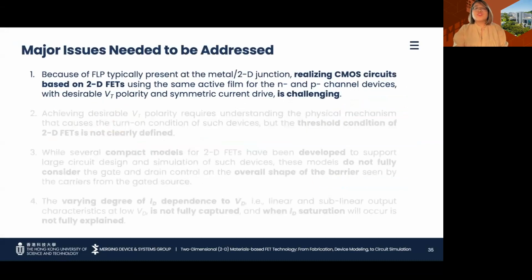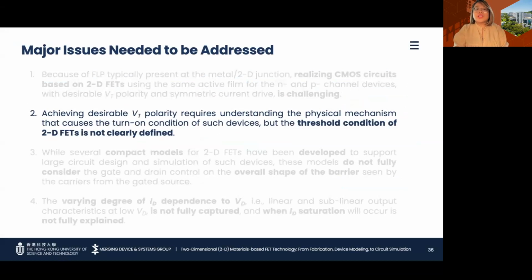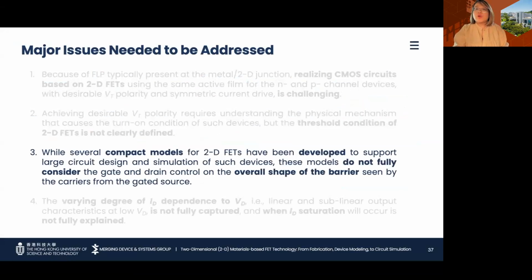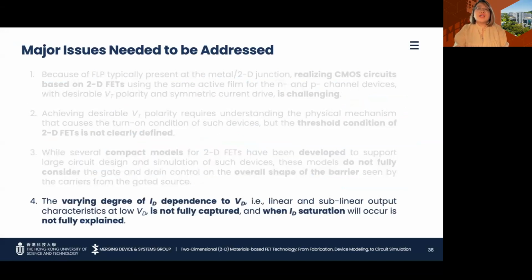First, the challenge of realizing 2D CMOS circuits based on the same active film and with symmetric performance. Second, the lack of a clear definition for the threshold condition of 2D FETs. Third, the incomplete treatment of the overall shape of the tunneling barrier in the compact model. And because of this incomplete treatment, the varying drain current dependencies are not fully captured.